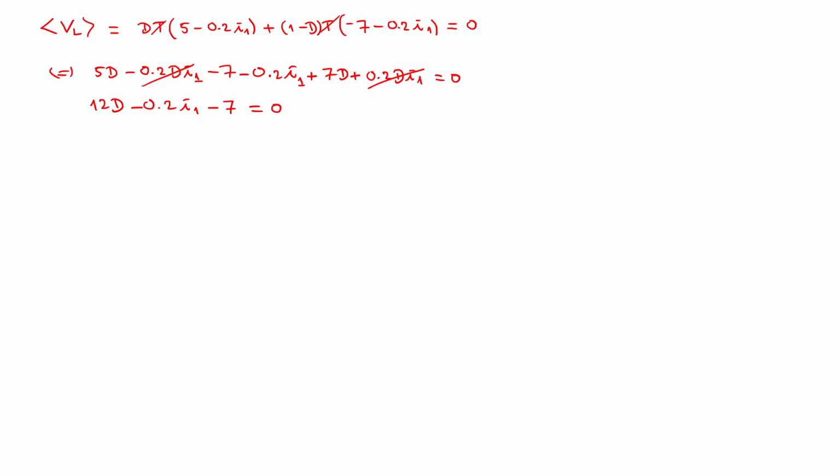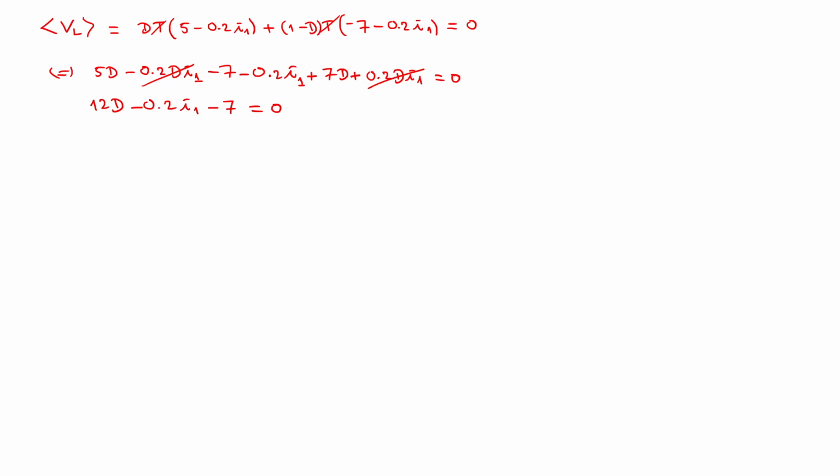You can say property or law or whatever, in order to have another equation which involves at least I1 or d. Then you have two equations, you can solve the problem, right?